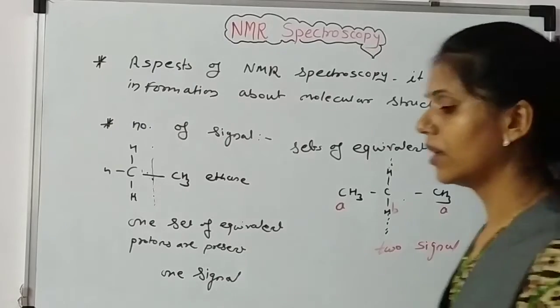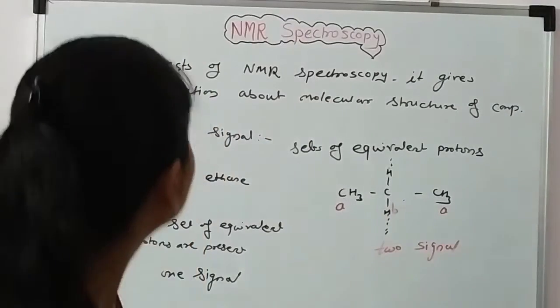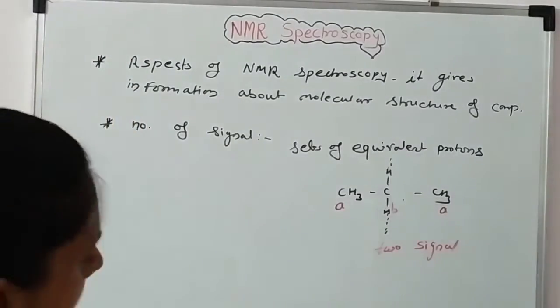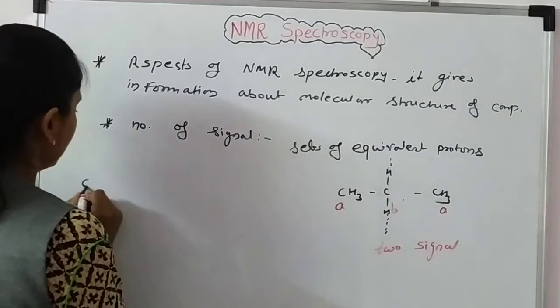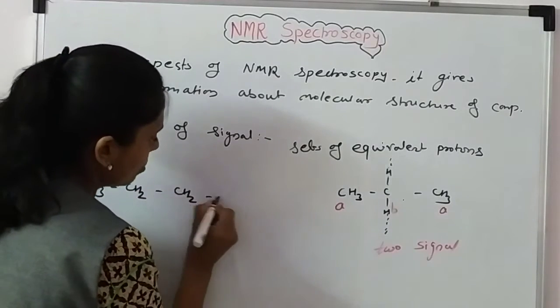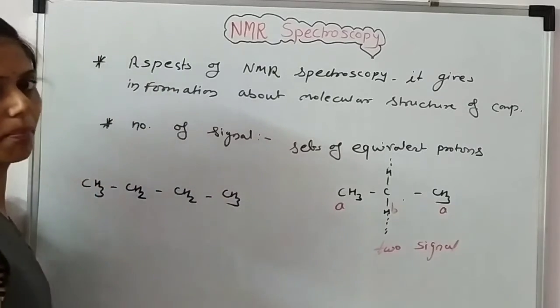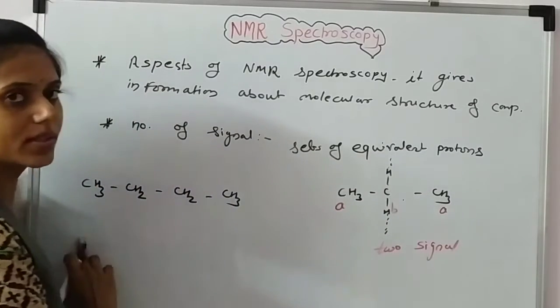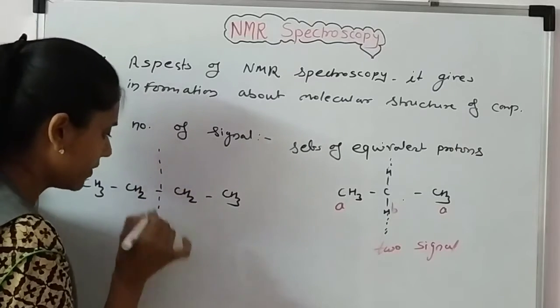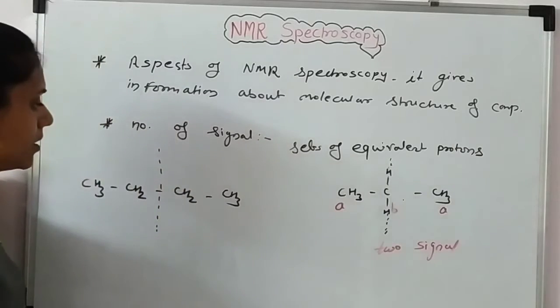Understood? Now we take the next example, CH3, CH2, CH2, CH3. What is the name of this compound? It's butane. We can draw the symmetry here.